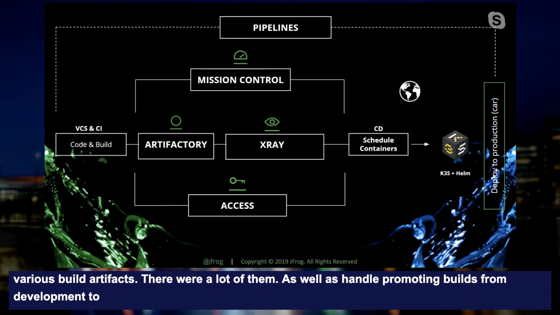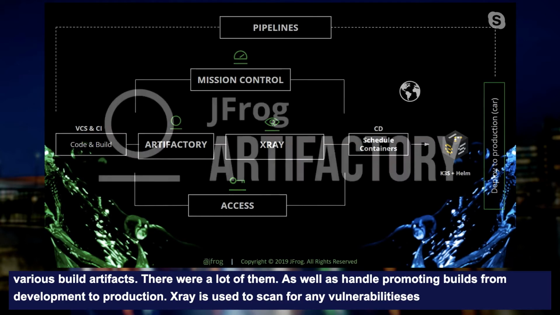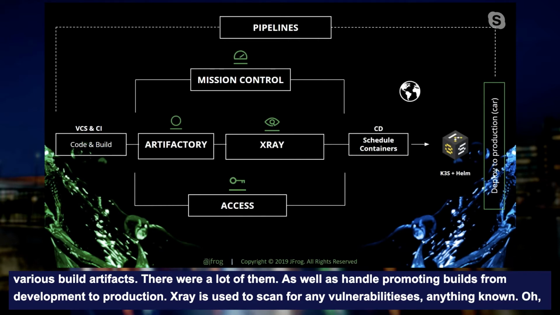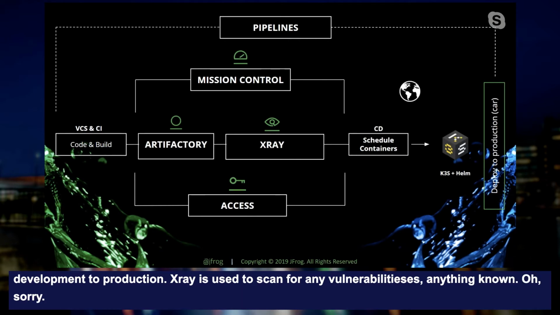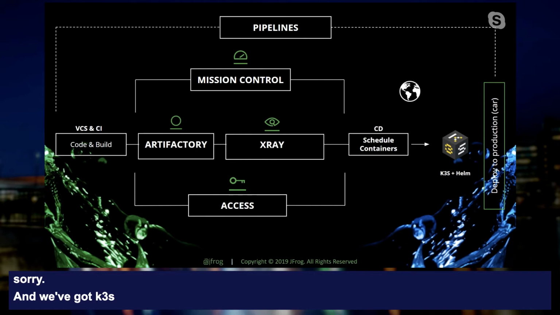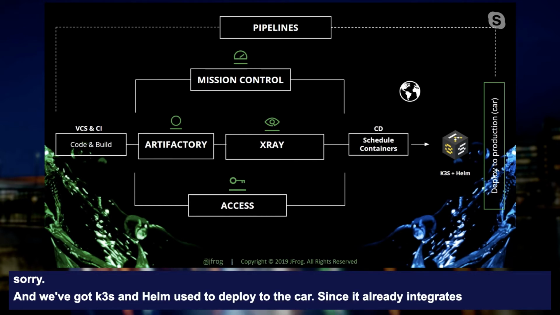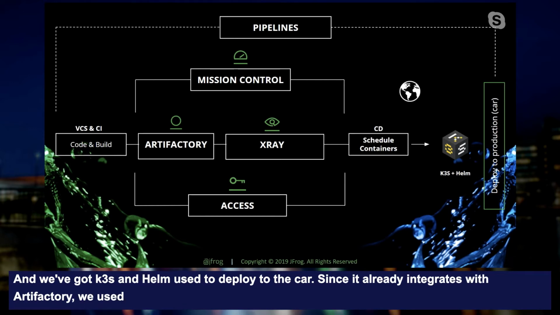Xray is used to scan for any vulnerabilities, anything known. And we've got K3S and Helm used to deploy to the car. Since it already integrates with Artifactory, we used Pipelines for our CI tool here, but you could use whatever.